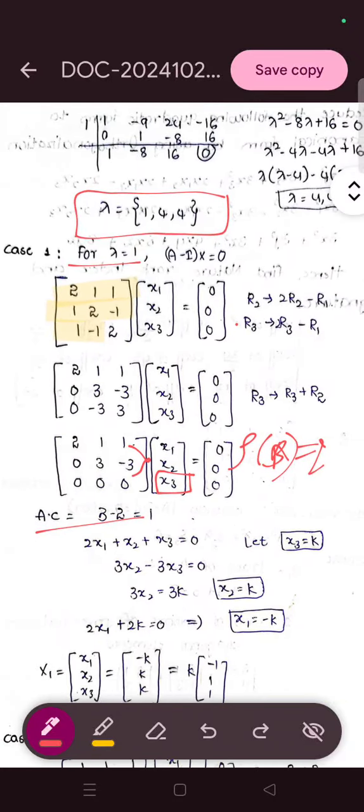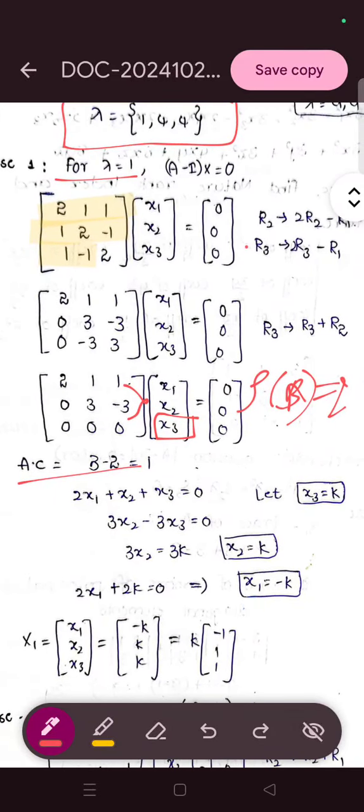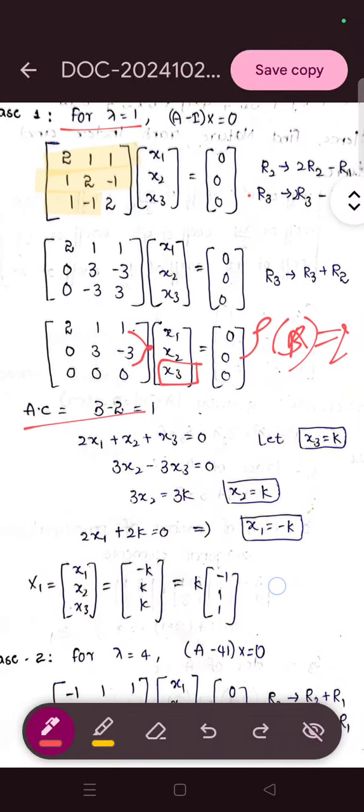If you are confused, you can follow the method we proceeded with earlier. By back substitution we can solve that.